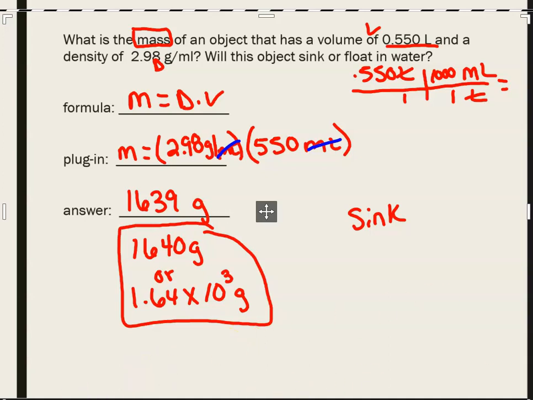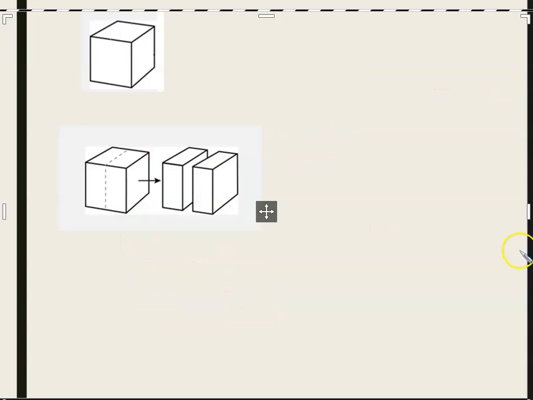Let me show you one last thing. I just took a picture of a cube here. So we're just going to say that this cube has a mass of, we'll make our numbers easy, let's say 40 grams, and the volume of this is 20 centimeters cubed, solid.